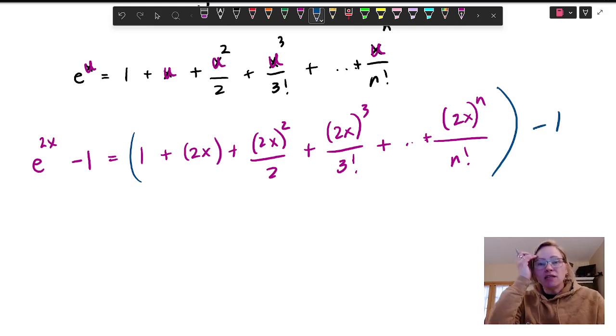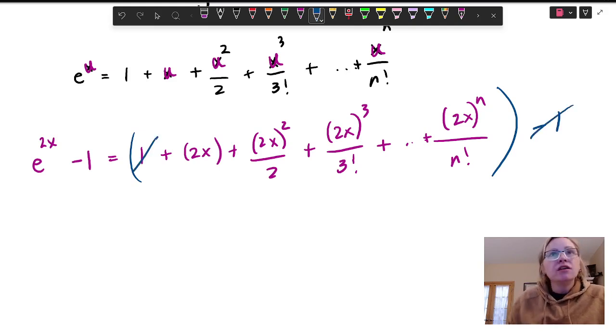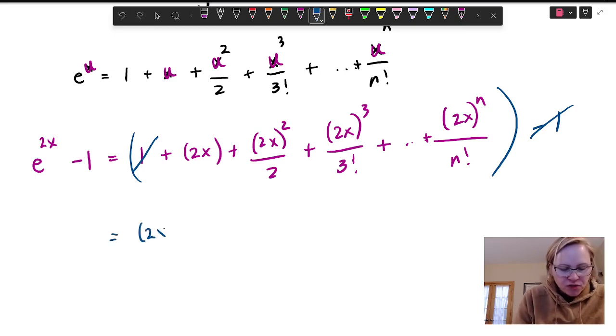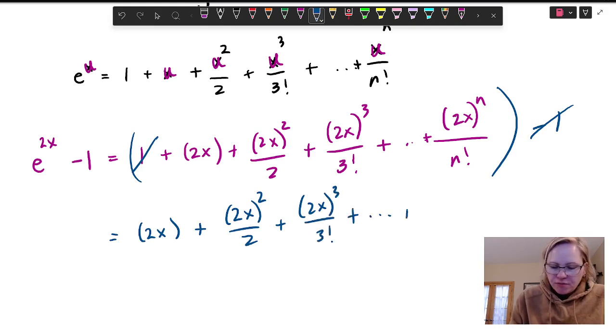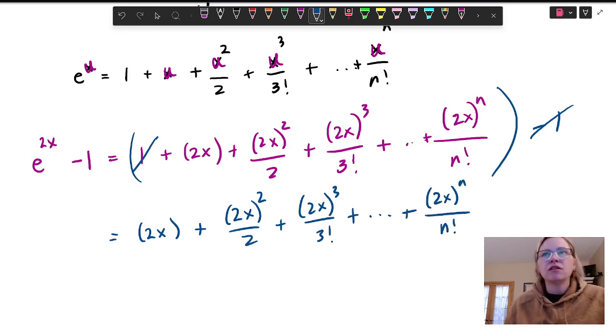So I'm going to combine any like terms, and nice for me, this one and this one end up canceling out. So I end up getting this series, 2x plus 2x squared over 2 plus 2x cubed over 3 factorial, and nothing else changes. I simply lost that first term, that constant of 1.